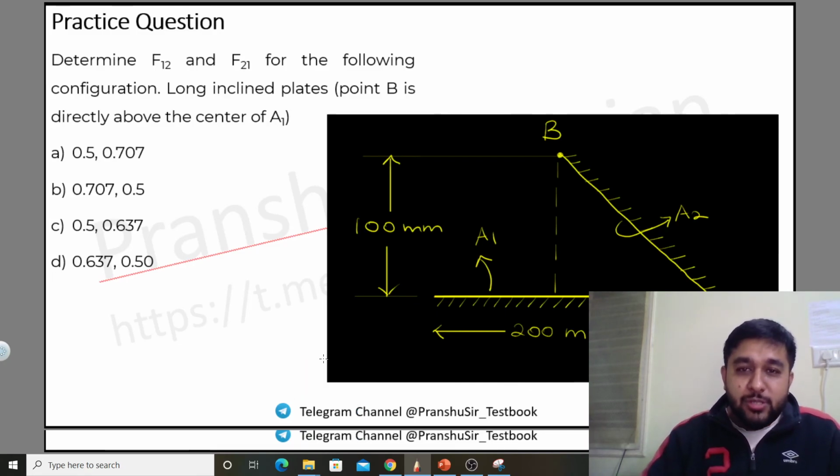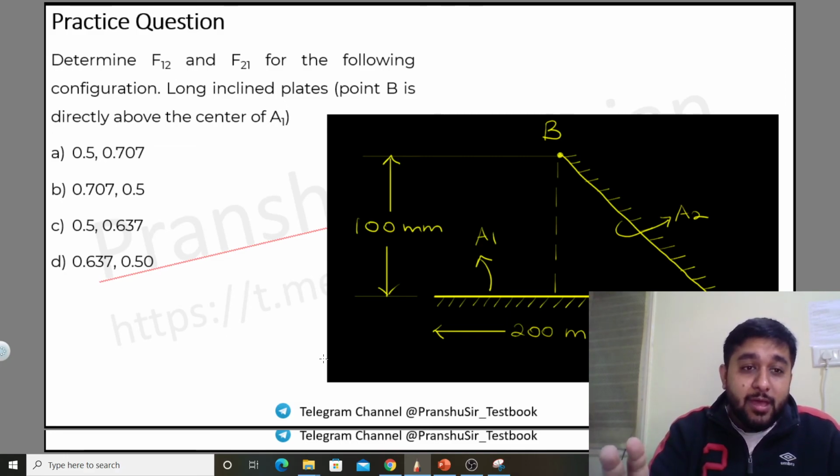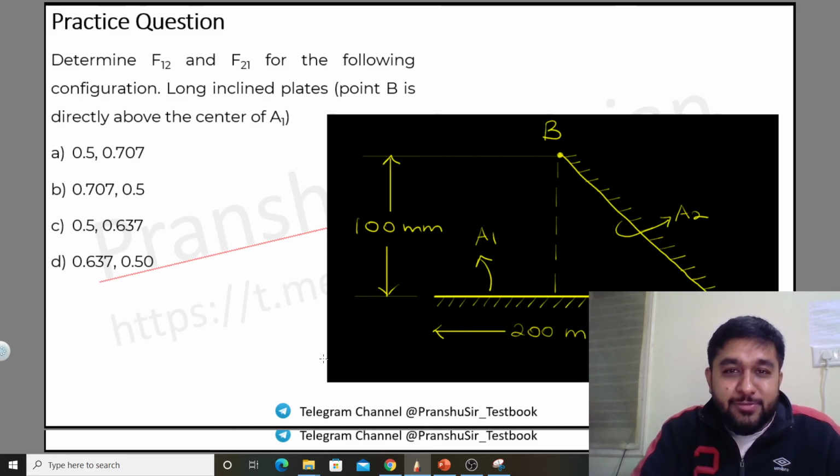So guys, I hope the solution is clear, and please check GATE 2022. This time the paper is being made by IIT Kharagpur, and those people are like the pioneers of fluid mechanics and heat transfer in India. Som Sahab, Suman Chakravarti Sahab, they are like pioneers of teaching of fluid mechanics and heat transfer.